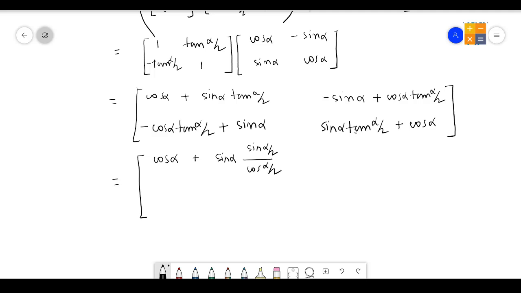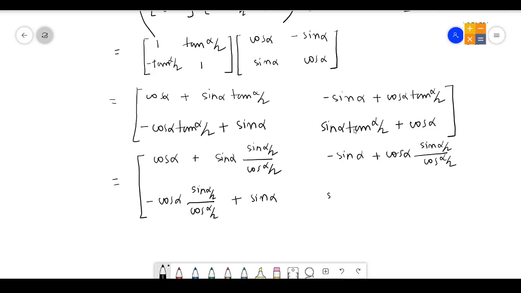Then similarly on this part, minus sin alpha plus cos alpha, I can break it to the form sin alpha by 2 by cos alpha by 2. Similarly in this part, cos alpha, then sin alpha by 2 by cos alpha by 2, then it is sin alpha.